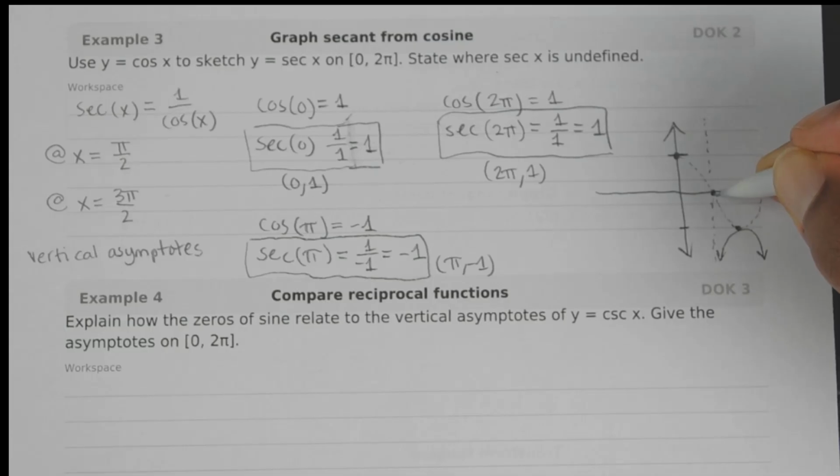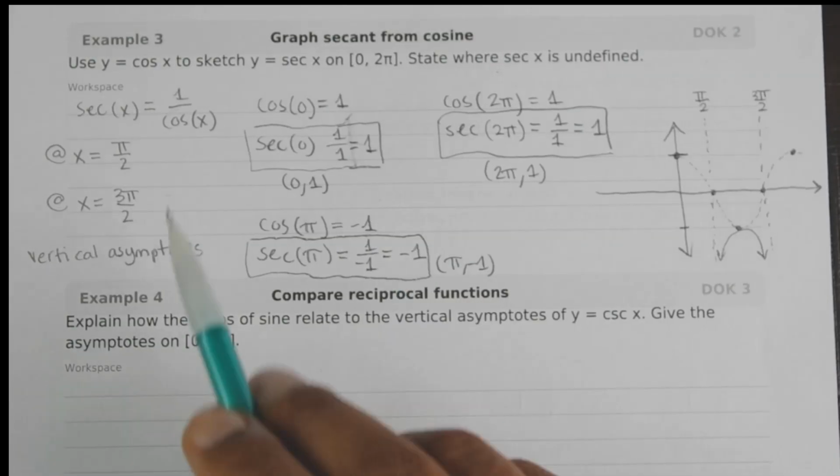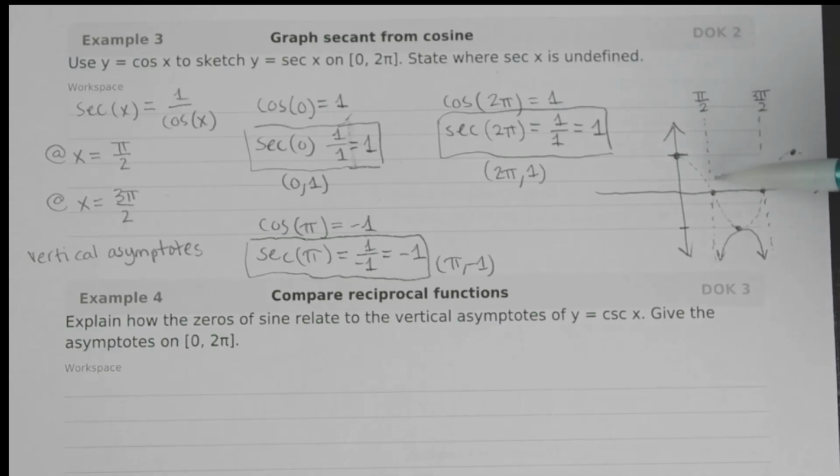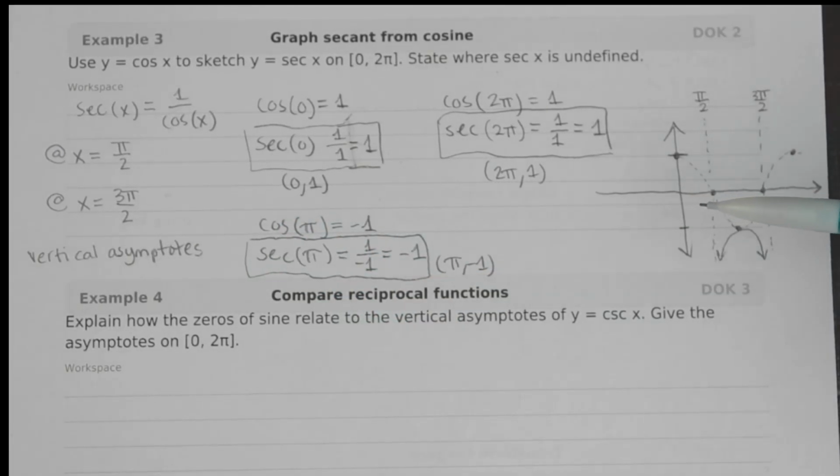This would be pi over 2, then pi, then 3 pi over 2. So these two vertical asymptotes, 3 pi over 2 and pi over 2, are the ones we computed. The reciprocal wouldn't touch those vertical asymptotes, but this shows you why they exist once we sketch it.